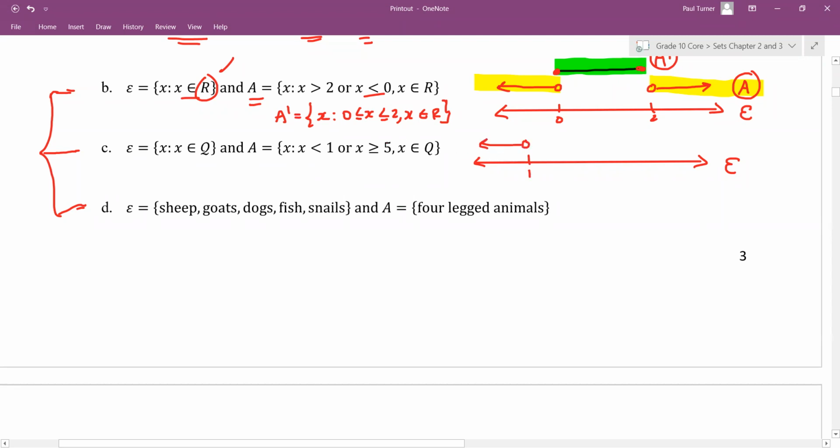That's less than 1. Or X is greater than or equal to 5. So 5 is here. But now we need to close the circle because we are including 5 in the set for A. So that's set A. I'll put it in yellow. Right, that's set A.